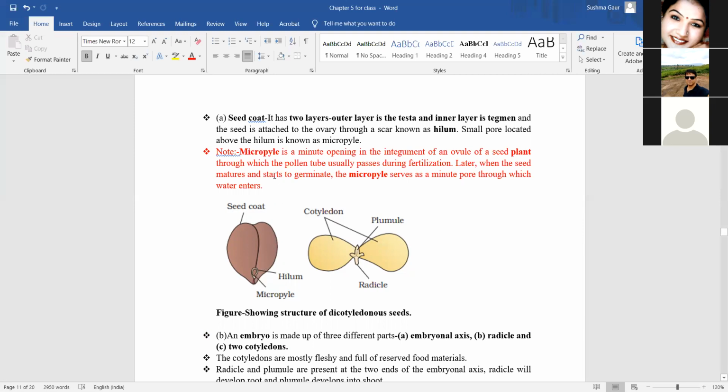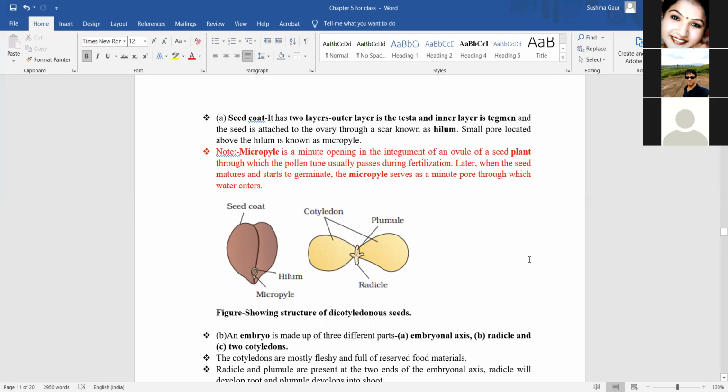So what is the function of micropyle? It is a very small portion, or we can say a minute opening in the integument, the layer of an ovule of a seed plant. And what's the main function of micropyle? Through this, the pollen tube usually passes during fertilization. When the seed is fertilized and develops into a new plant, the pollen tube will develop through this micropyle only. When the seed matures and starts to germinate, this micropyle will serve as a minute pore through which water enters.